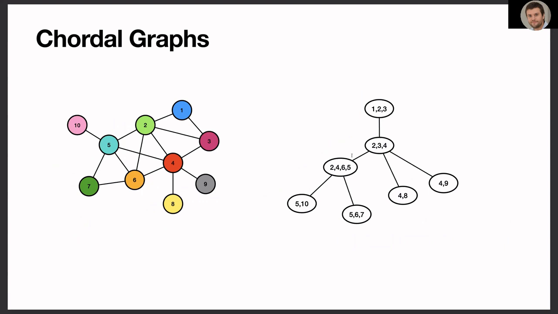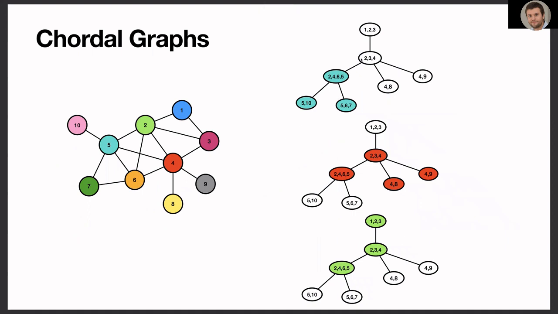There's a tree, and we can interpret each vertex as a subtree of this given tree. So, for example, vertex 5 is this small subtree, vertex 4 is in red, and so on. And two vertices are adjacent if their subtrees intersect.